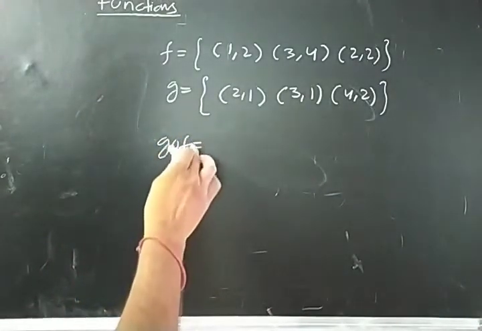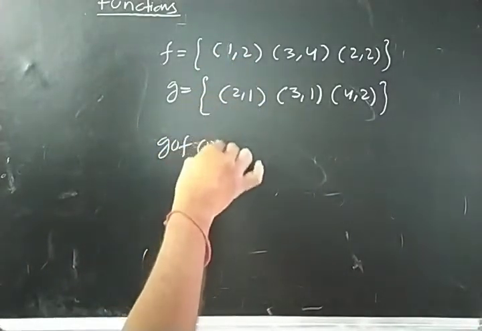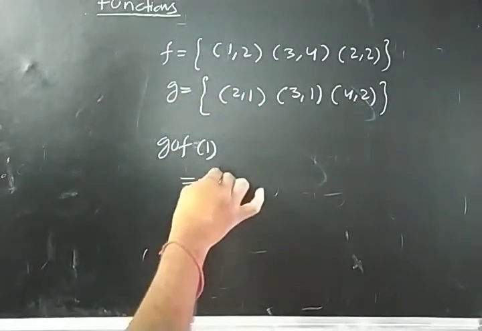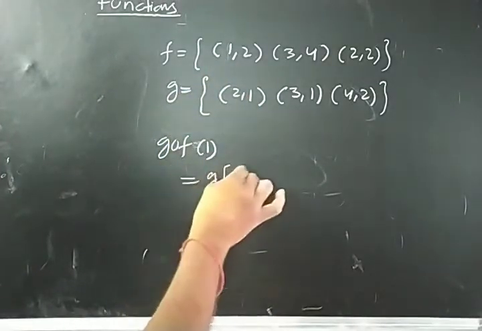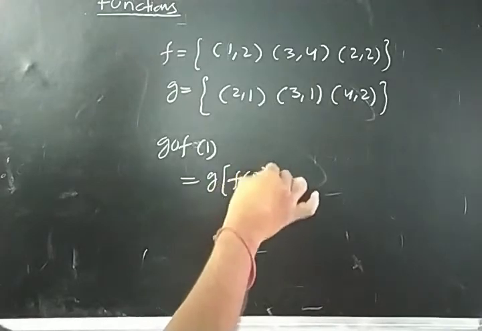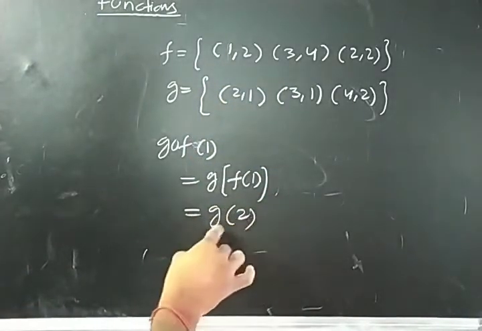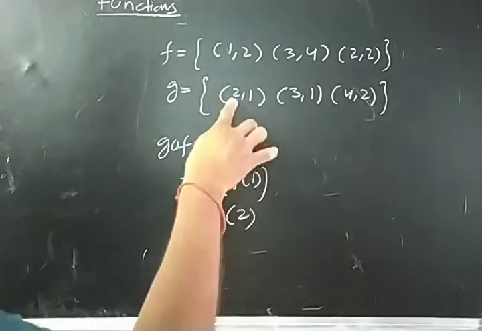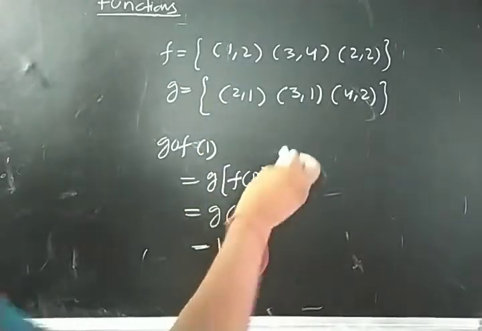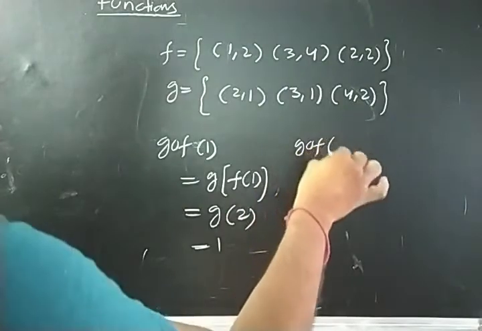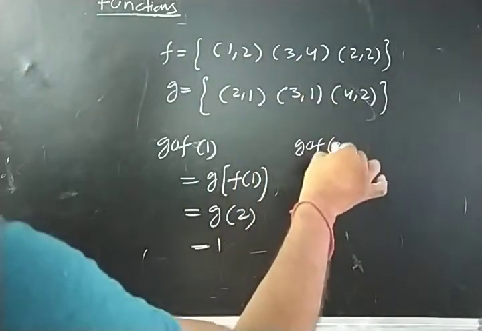Now g circle f. g circle f means we have to take the f domain elements. For the first domain element 1, I check the image: g of f of 1. f of 1 has image 2, so write 2. Now with respect to g, the image of 2 is 1. So 1. Next, g circle f of the next domain element 3.